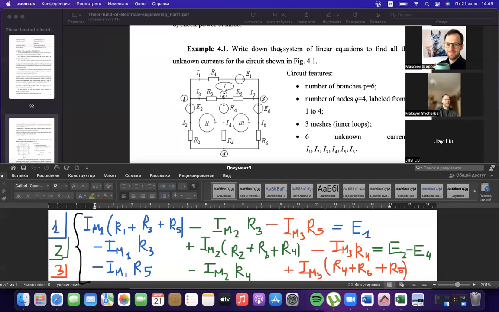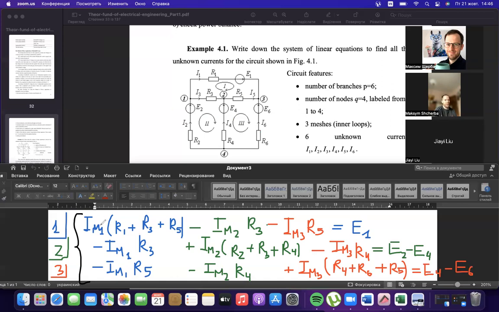Welcome. And sorry, the last point is about sources. We also have two sources here: E4 minus E6. Yes, perfect.